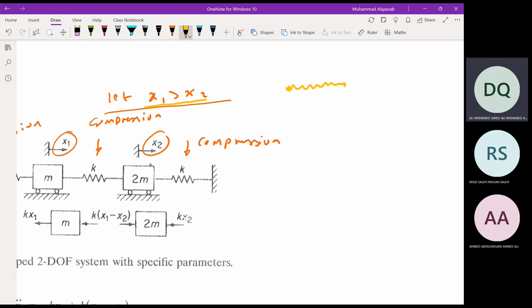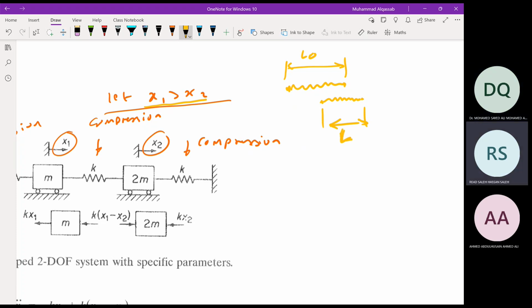When you say that X1 is greater than X2, this is L0 and this is L1 or L. Which one is bigger, L1 or L0? L0. Yes, so it is under compression.